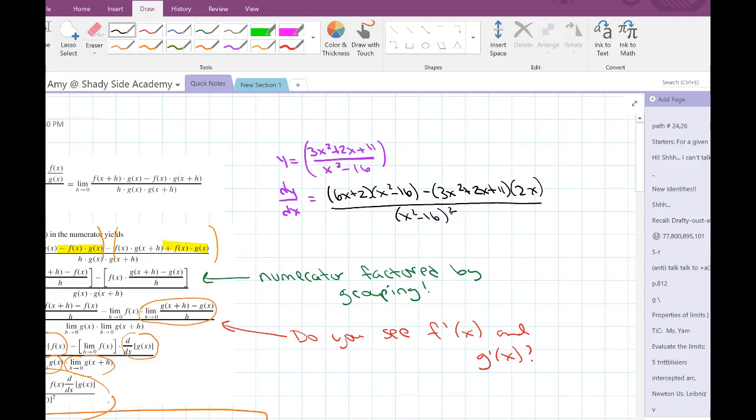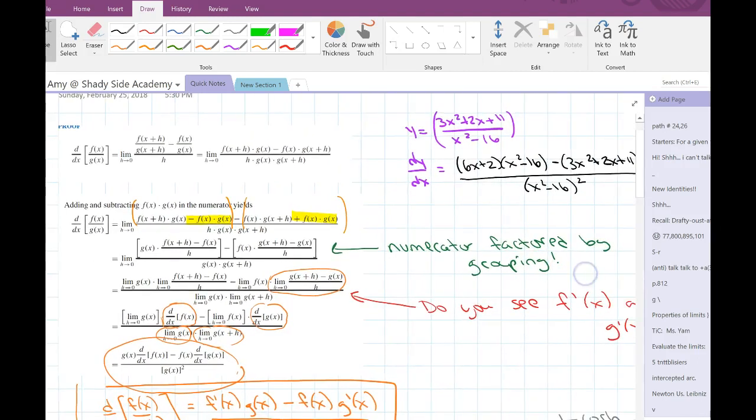Okay? And as you know, I am not concerned with you multiplying these out, combining like terms, all that stuff. If you need the algebra practice, then please go ahead and do that. Okay? You just added to your arsenal.